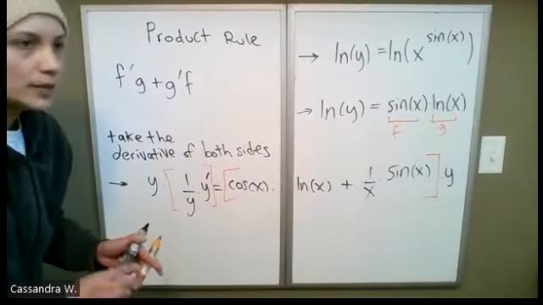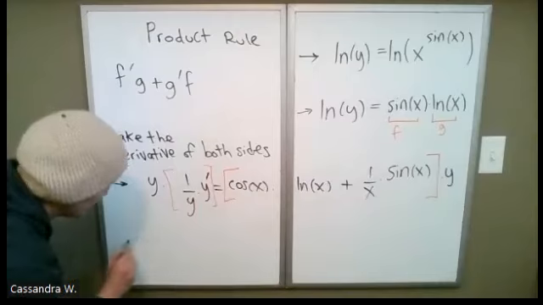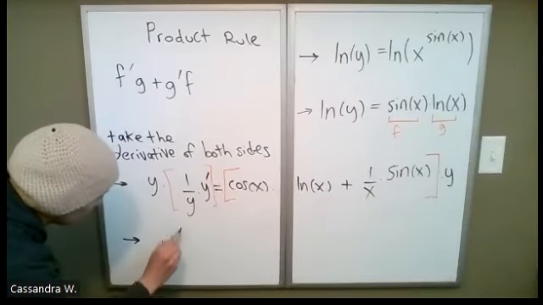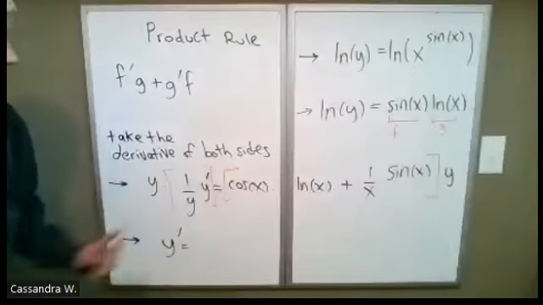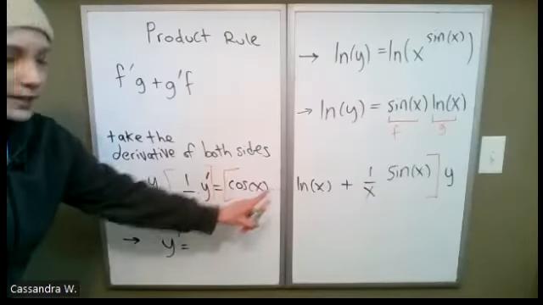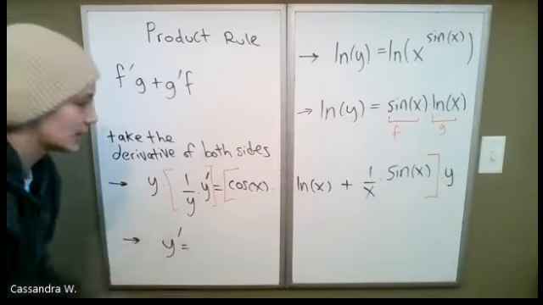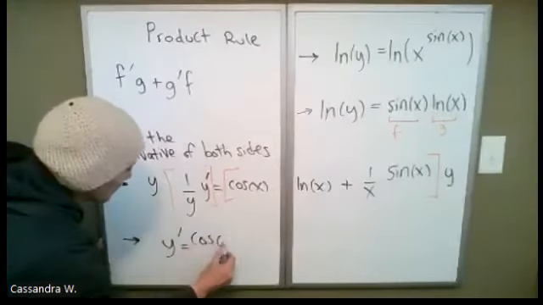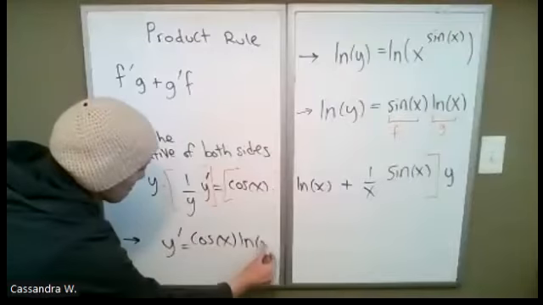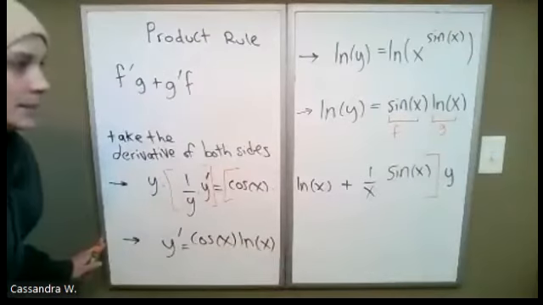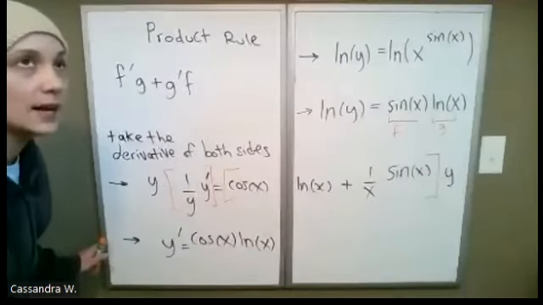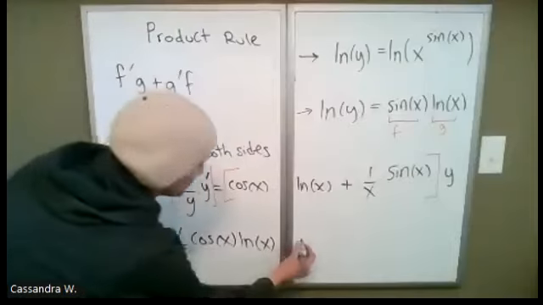So we've gotten y prime on this side equal to cosine of x times ln of x plus sine of x over x.